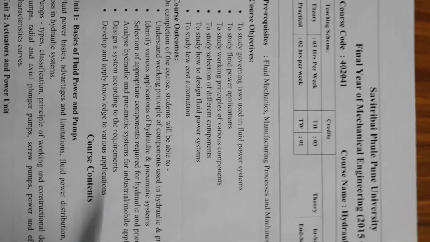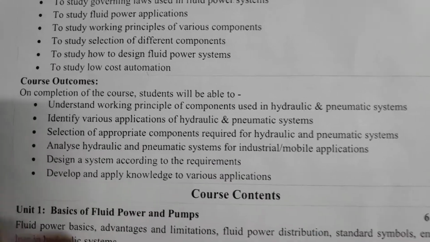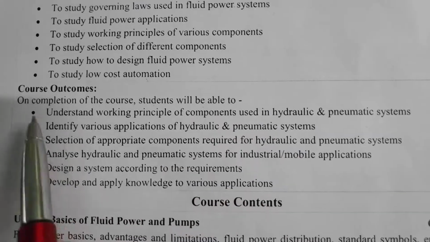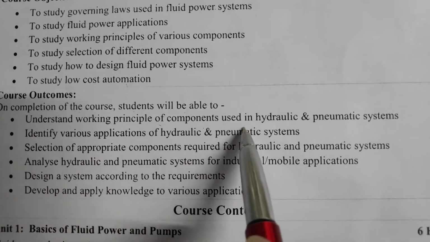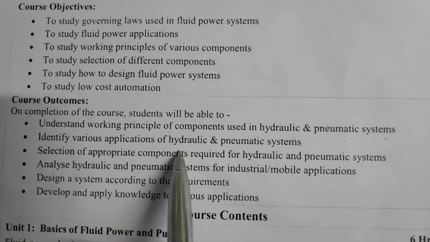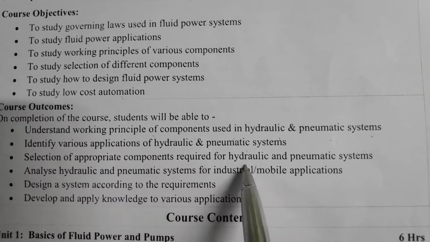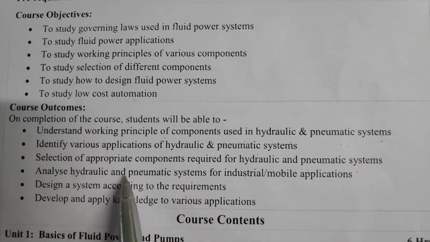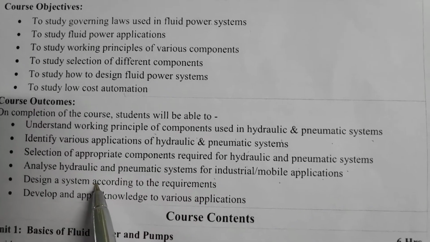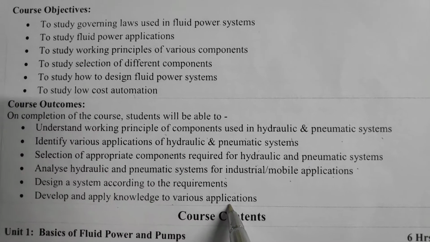On completion of this course in this semester, the student will be able to understand the working principle of components used in hydraulic and pneumatic systems, identify various applications of hydraulic and pneumatic systems, select appropriate components required for hydraulic and pneumatic systems, analyze hydraulic and pneumatic systems for industrial and mobile applications, design a system according to the requirement, and develop and apply the knowledge to various applications.